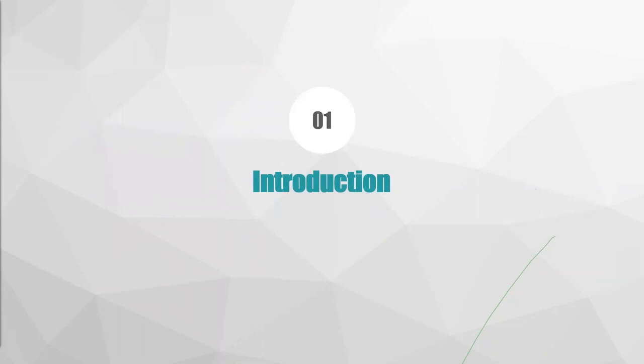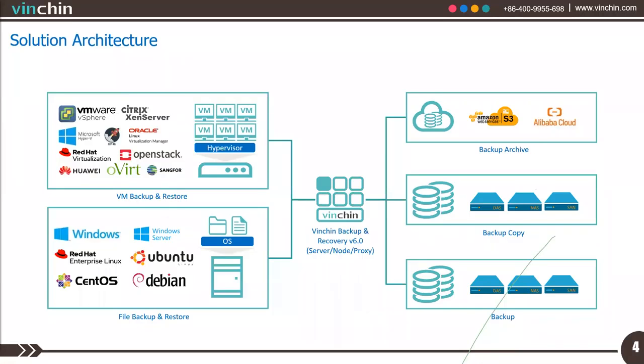First, let's take a quick look at the Vinchin Backup and Recovery solution. Here's a sketch of the solution. As you can see, compared to our previous solution architecture, there are some new elements added in this new architecture. For virtual machine backup and recovery, we have added some new virtual platform support.